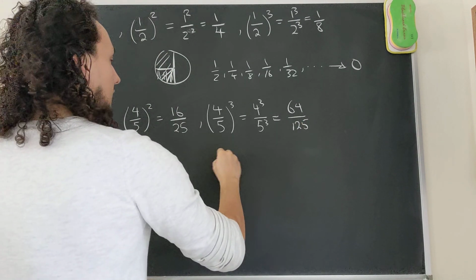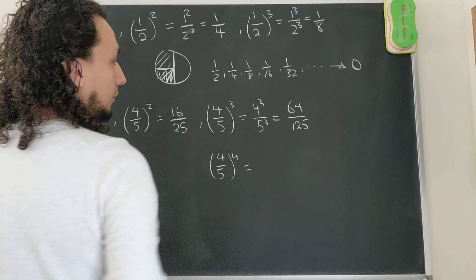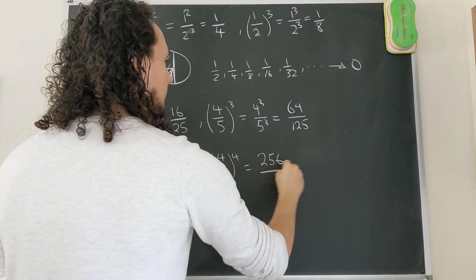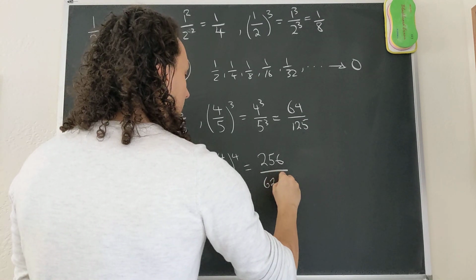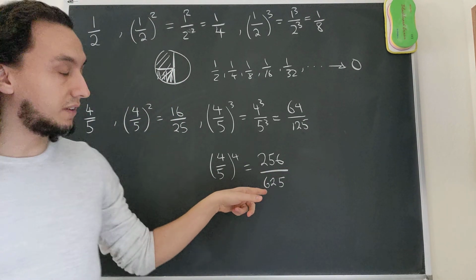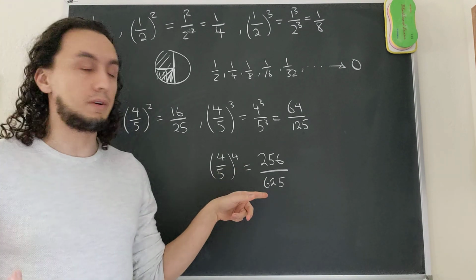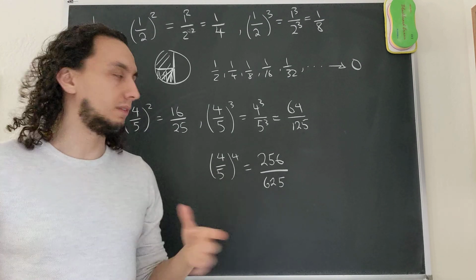What about if I take 4/5 and raise it to the power of 4? Well, that's going to be 64 times 4 on the top, which is 256, and 125 times 5 on the bottom, which is 625. Now we see we're definitely less than a half, but greater than a third, right? Because if I multiply the top by 3, I get like 760 something.